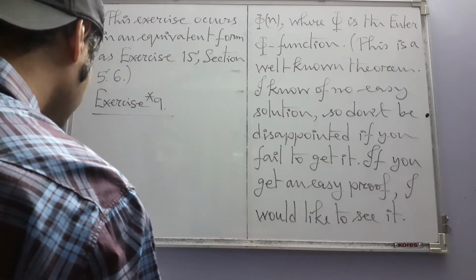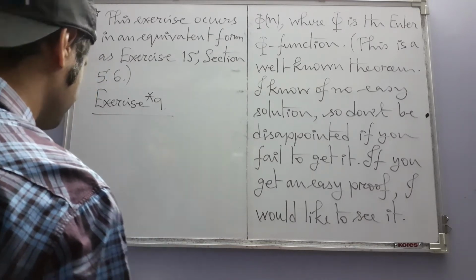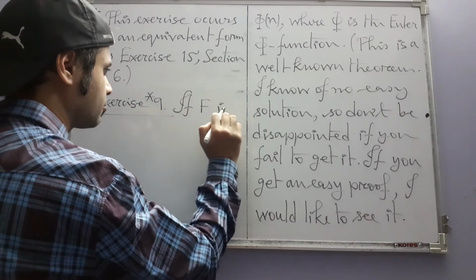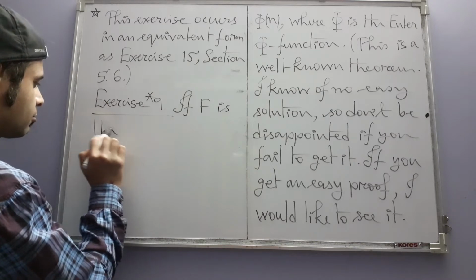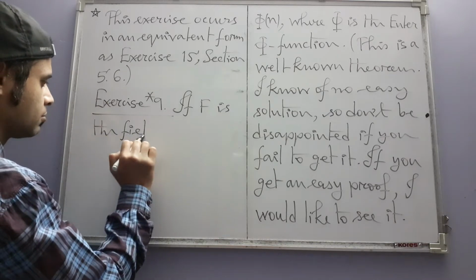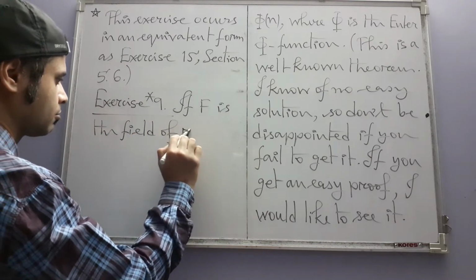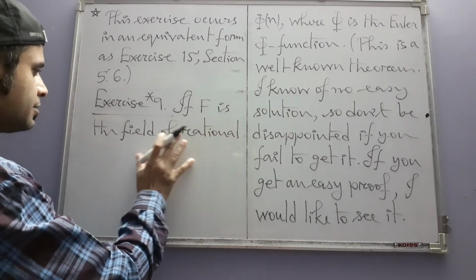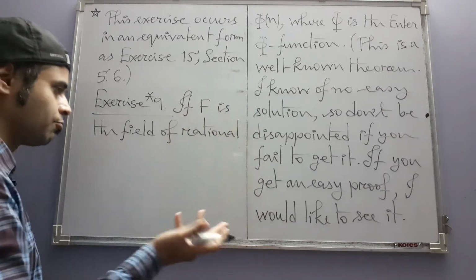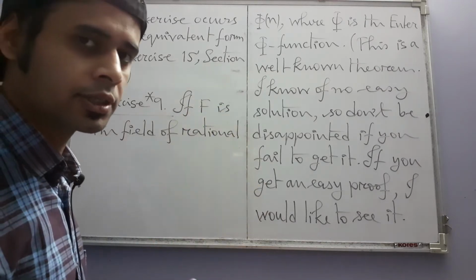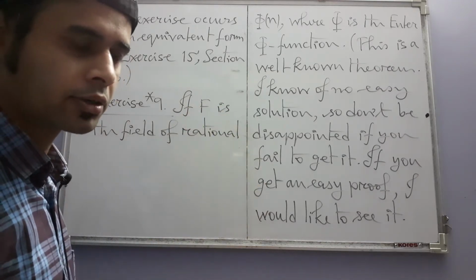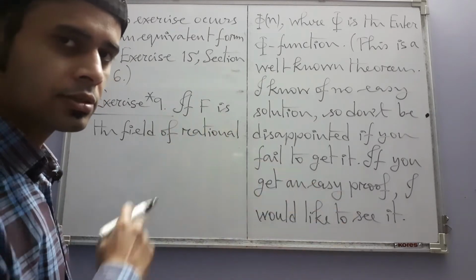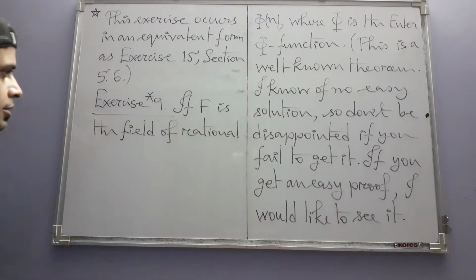If F is the field of rational numbers, yeah, this is a little annoying. Why not use the standard notation for these frequently occurring fields, so that we do not have to write things like this again and again? I don't understand this.